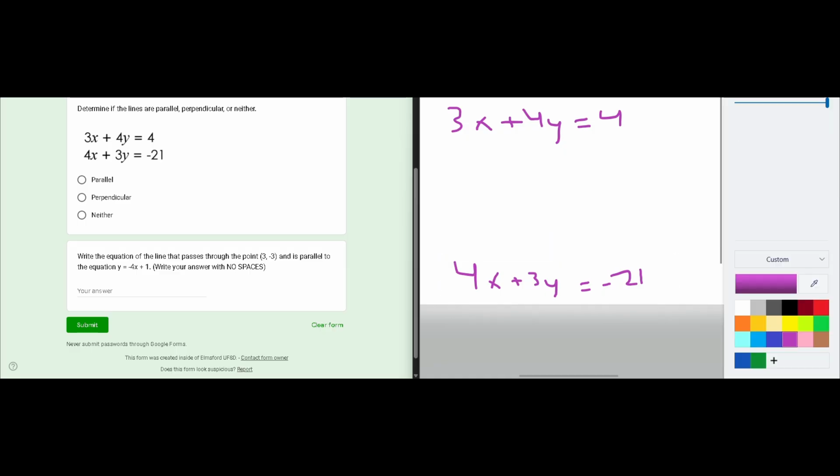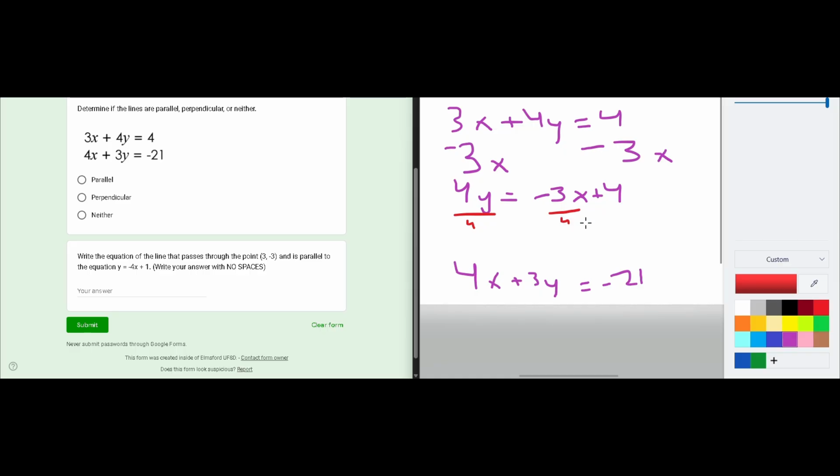So with 3x plus 4y equals 4, we will subtract 3x from both sides to get 4y by itself. But 4y must be y by itself. So we will divide both sides by 4.